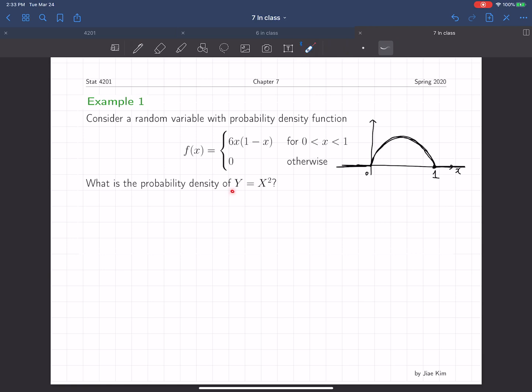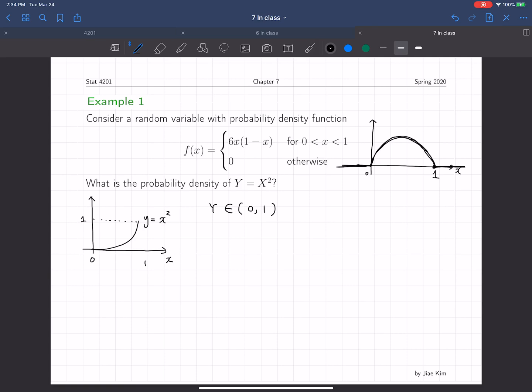So I would rather say identify the possible values for Y that come from the possible values of X. If X is between 0 and 1, I'm drawing the function Y equals X squared to get a sense of the possible values for Y. By looking at this function, we know Y is still going to lie between 0 and 1.